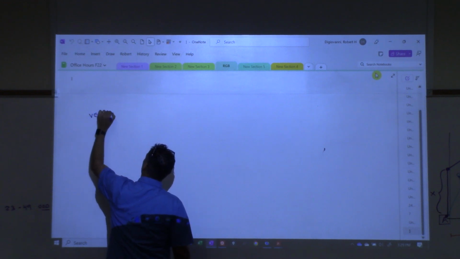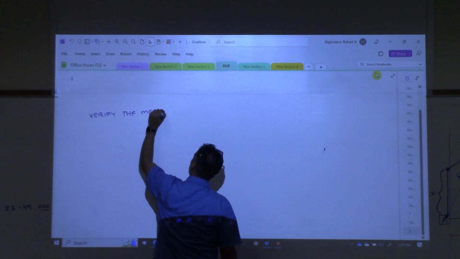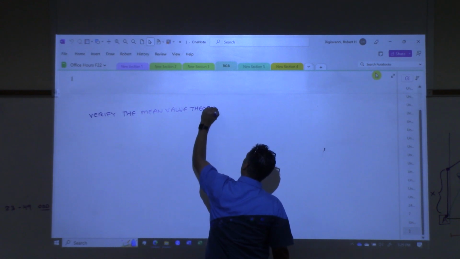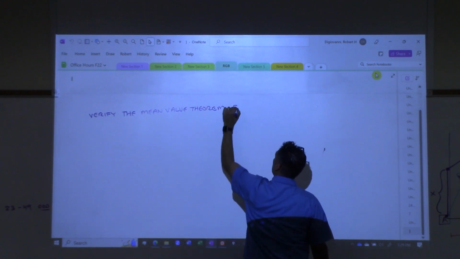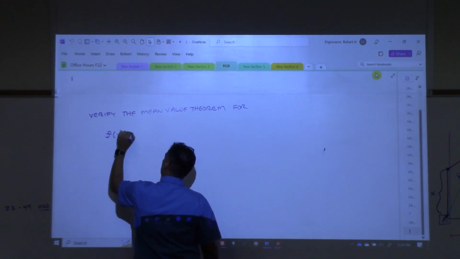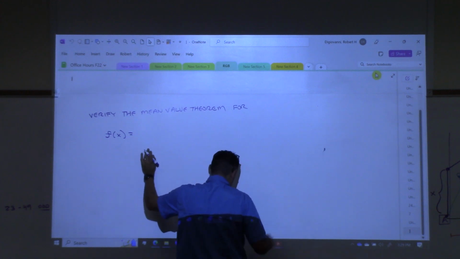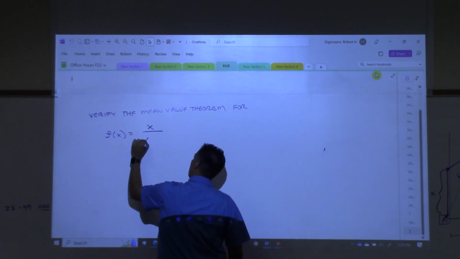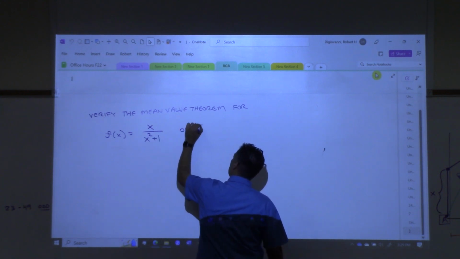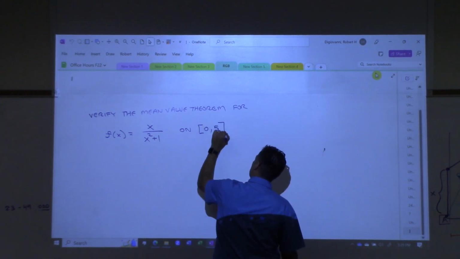Verify the mean value theorem for f of x equals x over x squared plus 1 on the interval 0, 5.